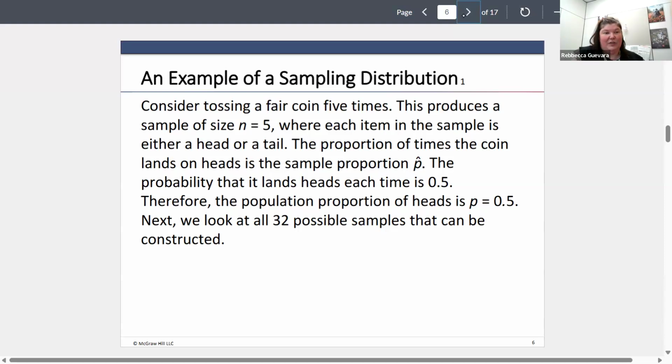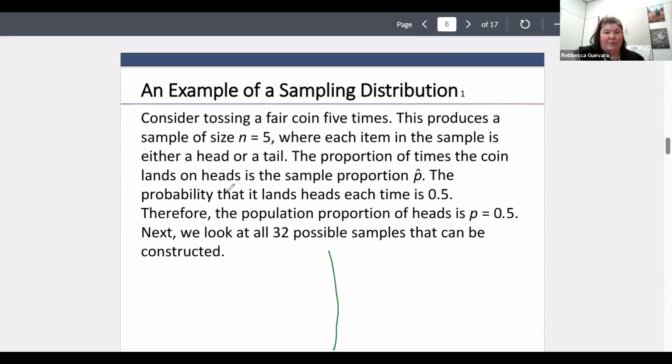So we're talking about 2 separate things here. The proportion that lands on heads is the sample proportion. If I'm looking at the population, the population P is going to be 0.5. If I'm looking at samples, remember we're doing samples of size 5, we're going to get a bunch of different p hats.